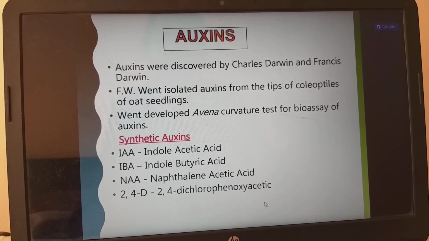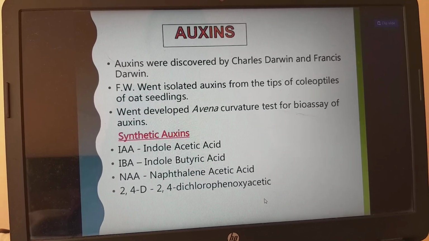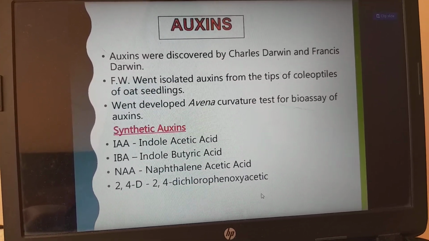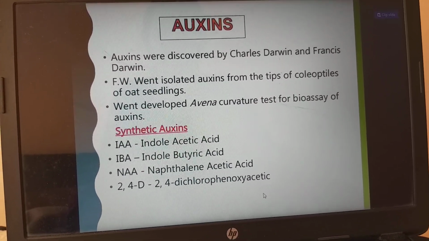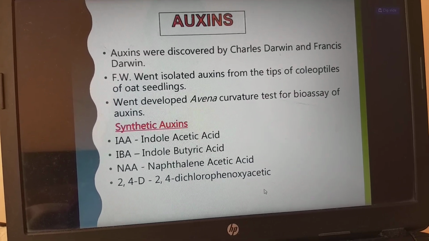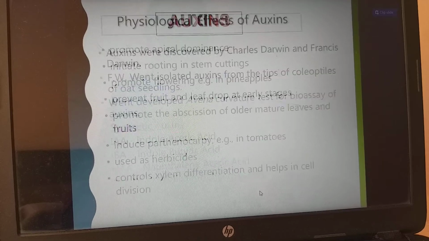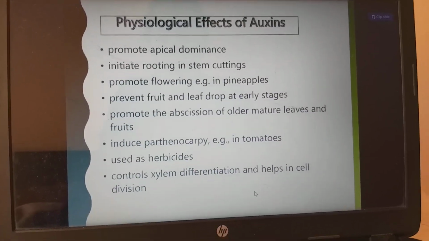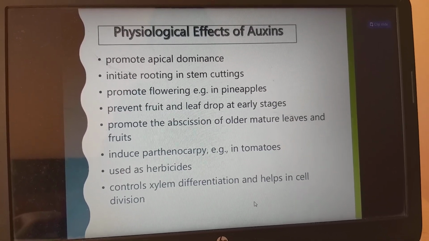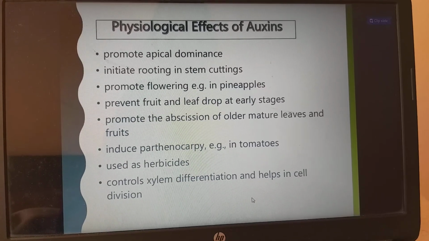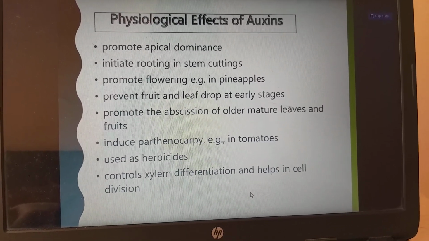IAA means indole acetic acid, IBA means indole butyric acid, NAA means naphthalene acetic acid, and 2,4-D means 2,4-dichlorophenoxyacetic acid.